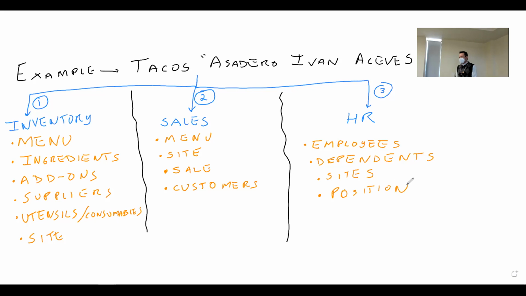So the position would be if it's a manager, if it's a cook, etc. Those are examples of entities. And each of these are going to have attributes. And the other thing is that we need to relate these. That's going to be the next step we're going to do. We need to be able to relate these.